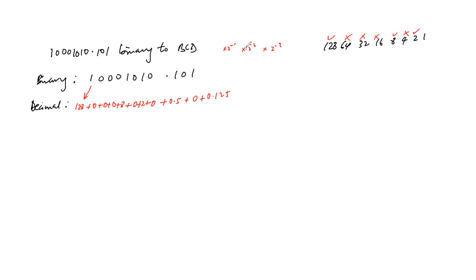So this is 0 times this, 1 times this, 1 times this. So that would be 1 over 2, 1 over 2 cubed. So that was 0.5 and 0.125. This is going to give us 138.625.